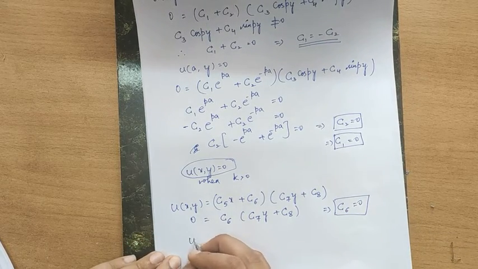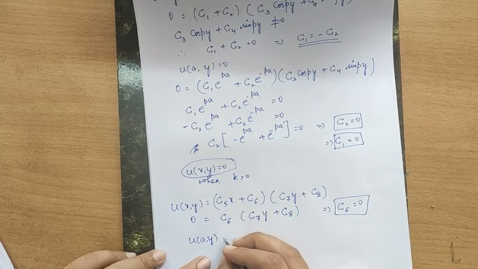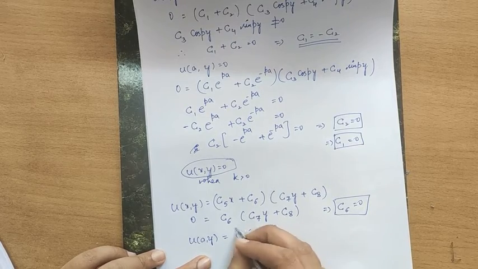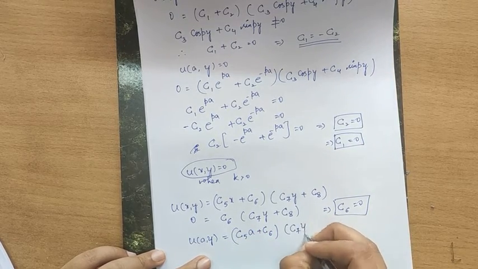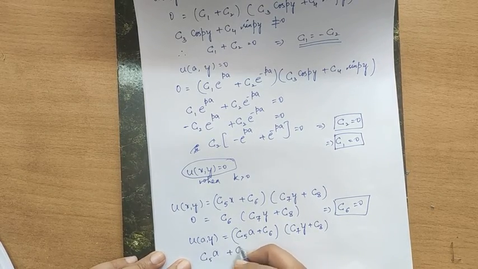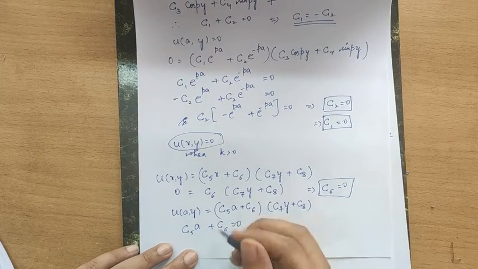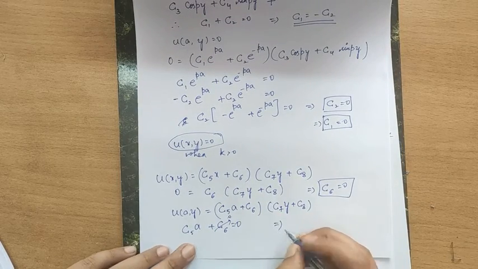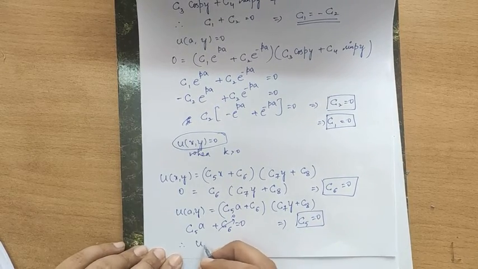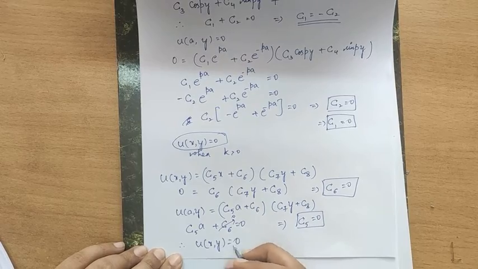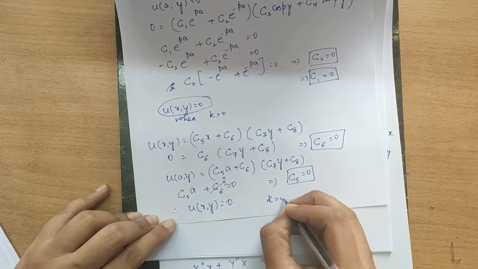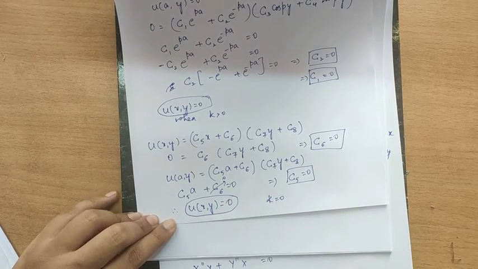Similarly, u of a comma y is equal to (c5 a plus c6) into (c7 y plus c8). So c5 a plus c6 is equal to 0. From this, c6 is already 0, and this implies c5 is also 0. Therefore you will get u of x comma y is 0. That means in the case of k equal to 0, you will get a trivial solution.